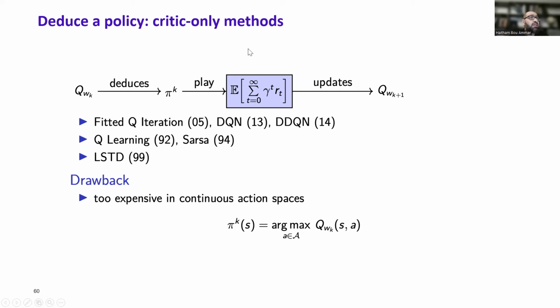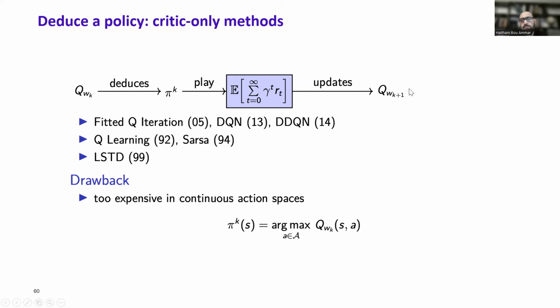And that's why we call those critic-only methods, because what they are really doing is updating the critic, in this case the Q function, which is parameterized by W_k. Indirectly, we deduce from that a policy which we play in the environment. And then based on that, we get the update of the Q into Q_{W_{k+1}}.